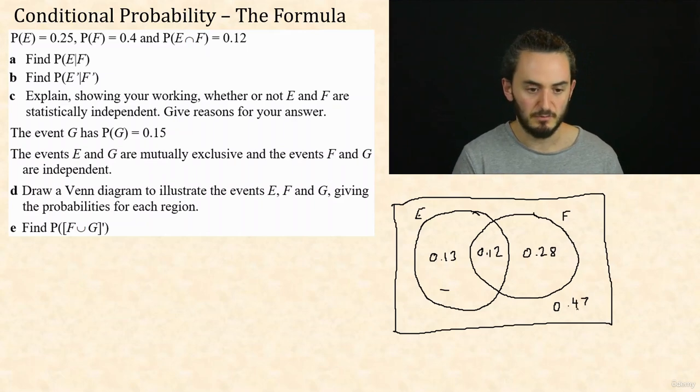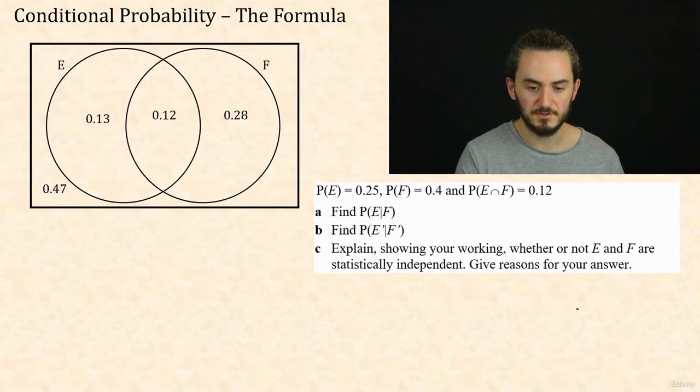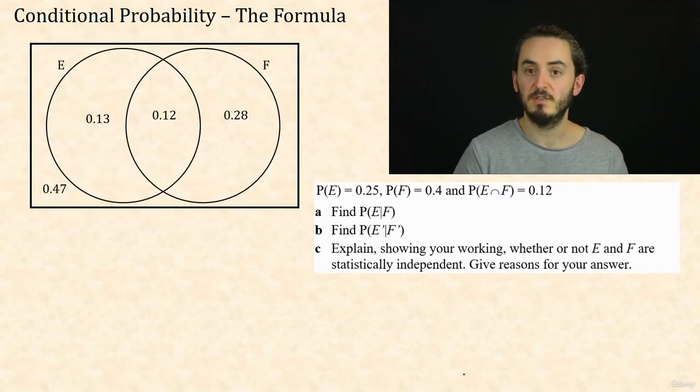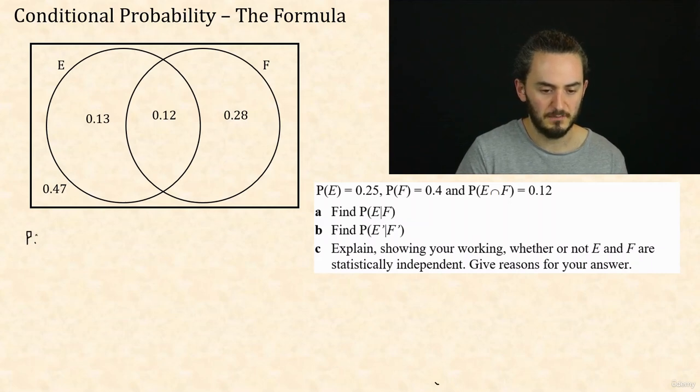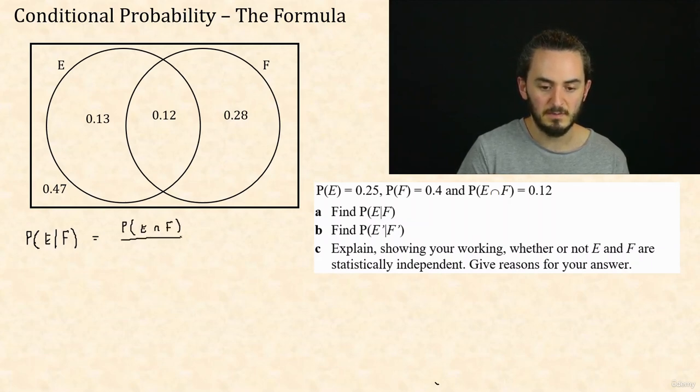Okay, let's give ourselves a bit of room and try to answer some of these questions. So here is the Venn diagram I made earlier. Right, let's try to answer this. Probability of E given F. I would always start by writing out the formula here. So probability of E given F is the probability of E and F divided by the thing that's given, so divided by the probability of F. So what is that in this case?